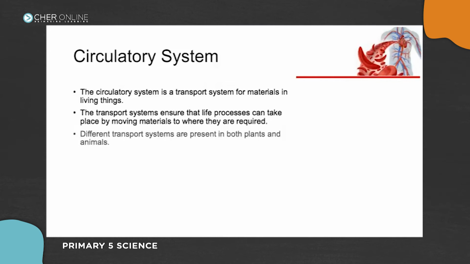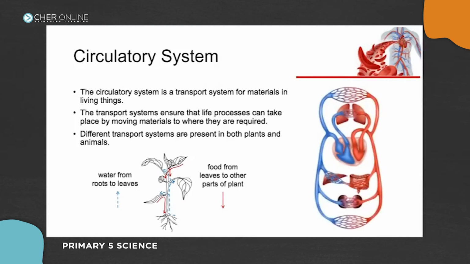Okay, so for example, we know that there are transport systems present in both plants and animals because plants and animals have different requirements and different waste materials. For example, in plants, the water carrying tubes transport water upwards from the roots to the leaves.